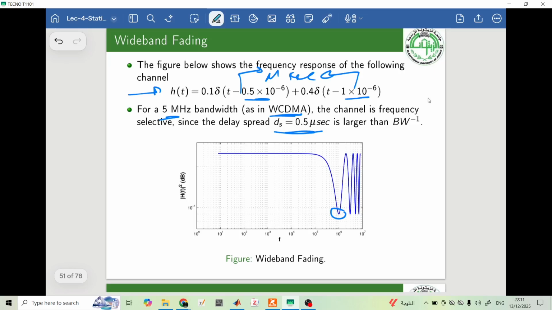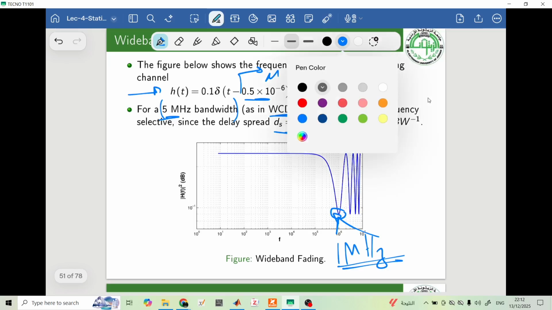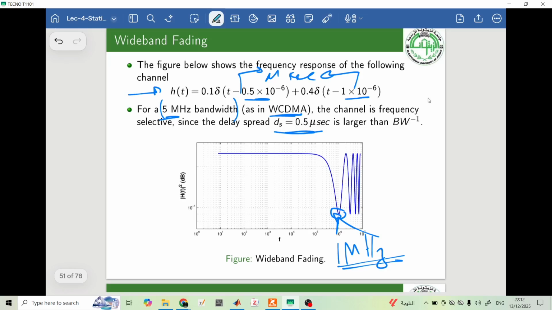And now here, as you can see, at this frequency, which is 1 megahertz, which is actually less than the bandwidth of the system, we have a dip in the frequency response, meaning that if we draw the bandwidth, it will be something like this.